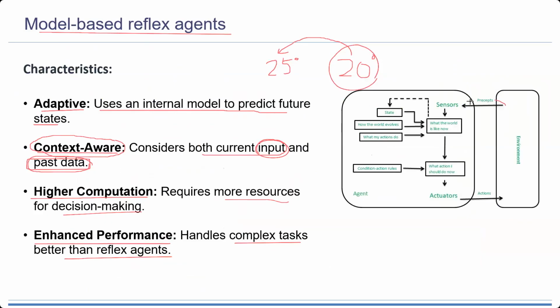For example, things are processed by the sensors, giving what the world is like now. Then there is the state, how the world evolves, and what my actions do, and then it gives a decision. The condition-action rules are based on this model, and then the actuators act according to this decision.